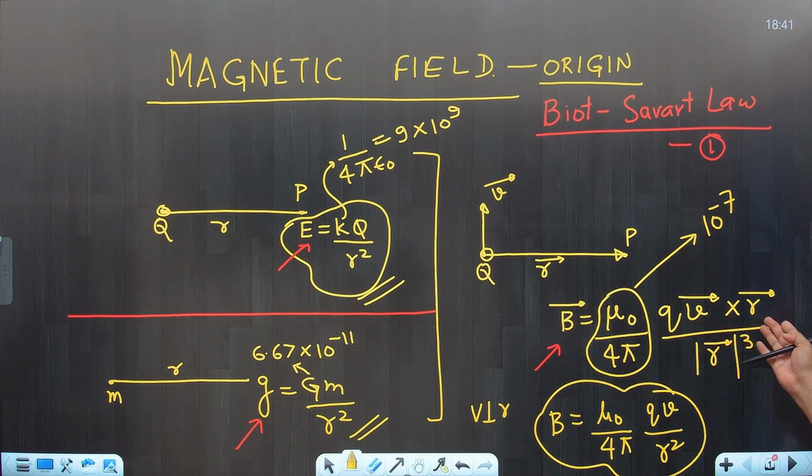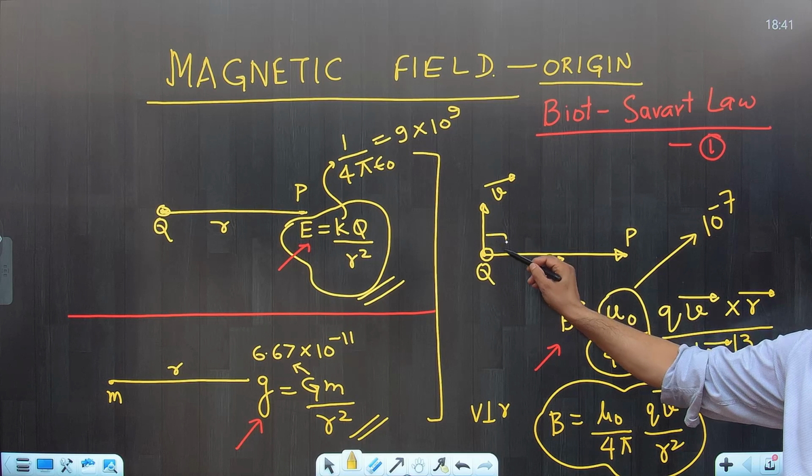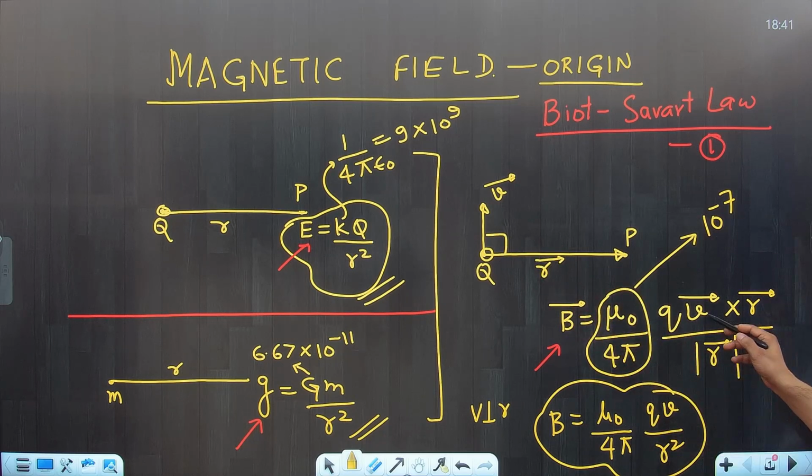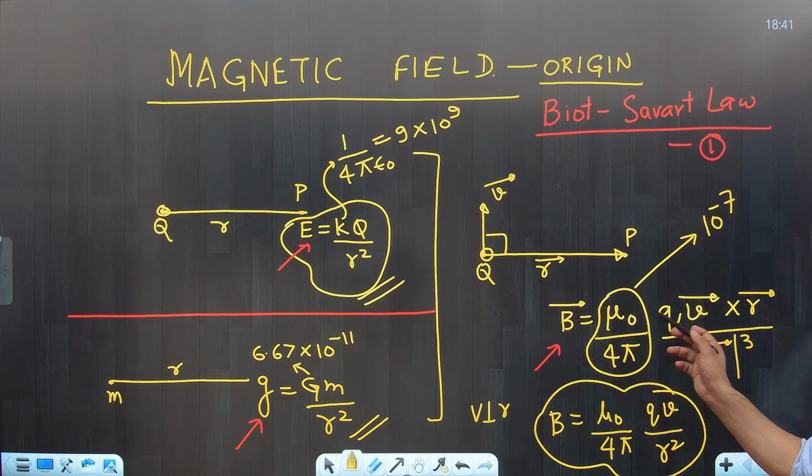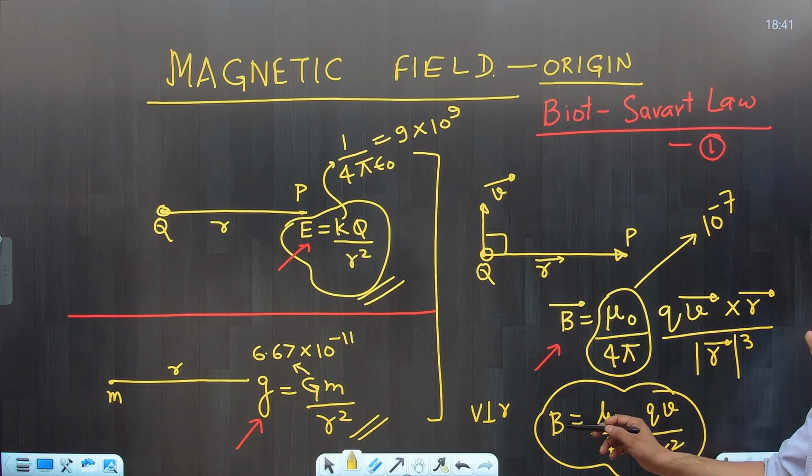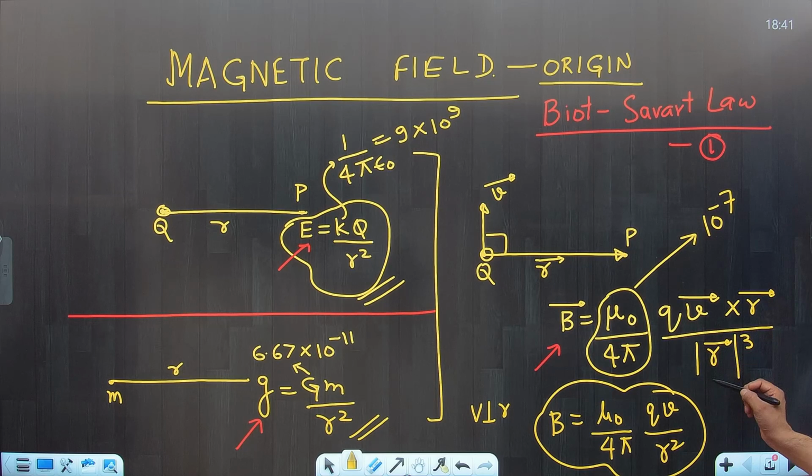Actually, when v is perpendicular to r, then the angle is theta. Then v cross r is vr sin theta, and sin theta is 1. So you can say for theta is 90 degrees, B is mu 0 by 4 pi qv r by r cube. So one r cancels out, and we get mu 0 by 4 pi qv by r square.